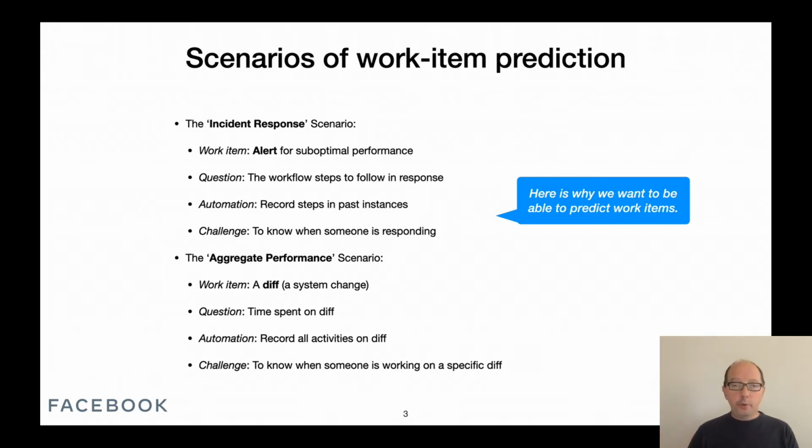So we need some form of documentation, and it better be automatic because otherwise it's outdated. But how can we record the steps someone is putting into response unless we know exactly when the person is responding as opposed to carrying out some other work?